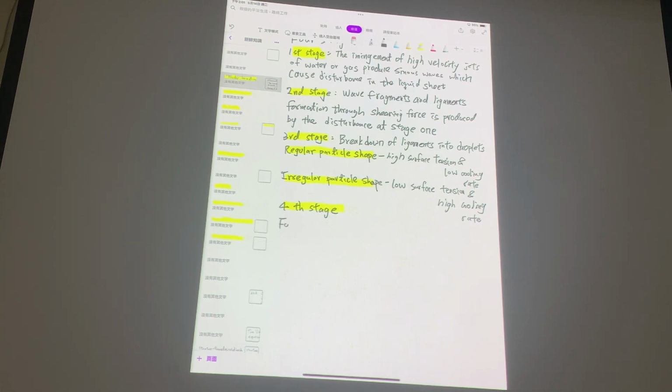You have further deformation and shearing of droplets and wave fragments into smaller particles.